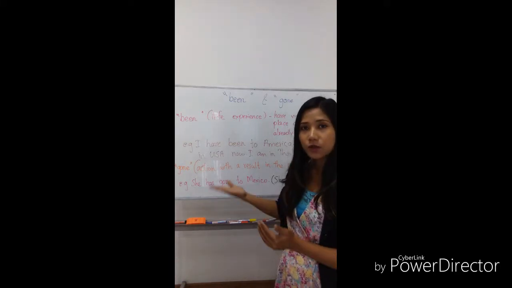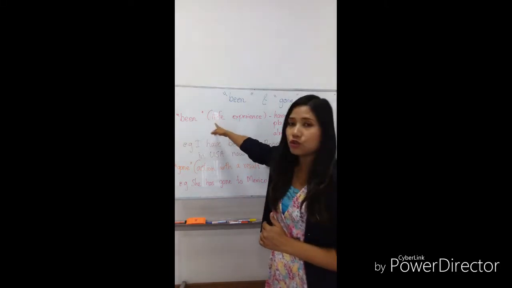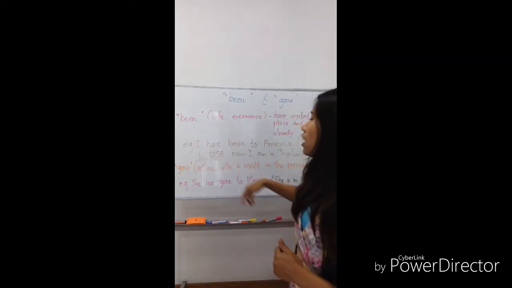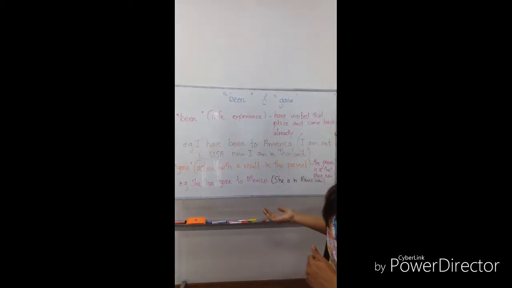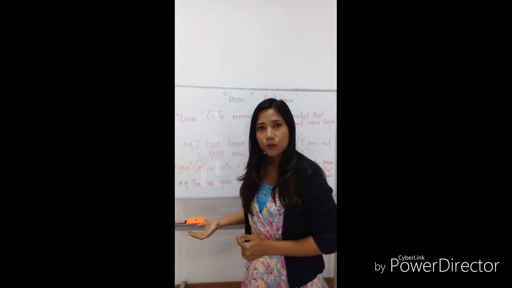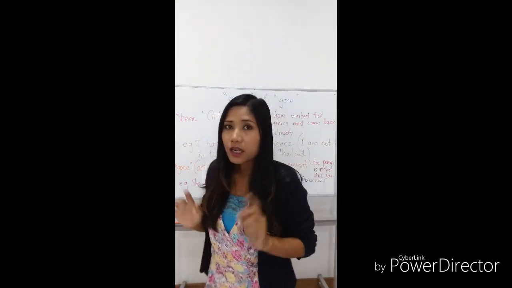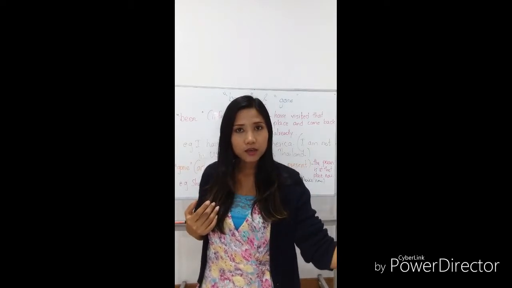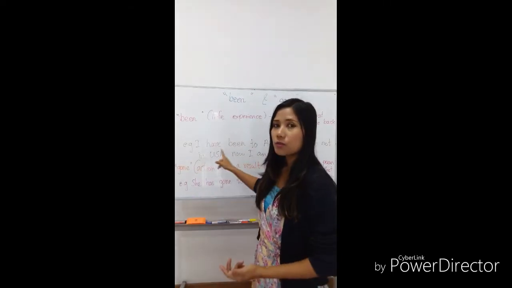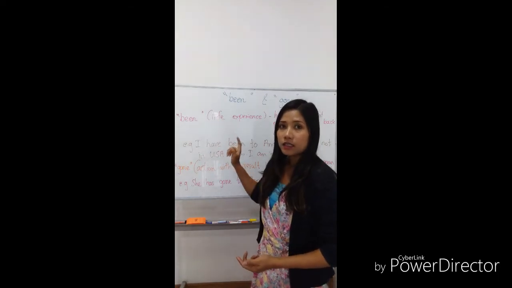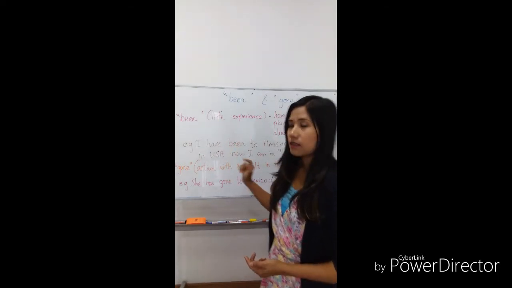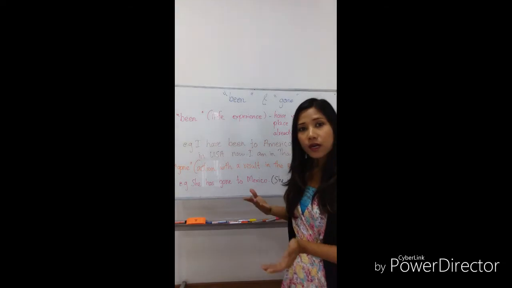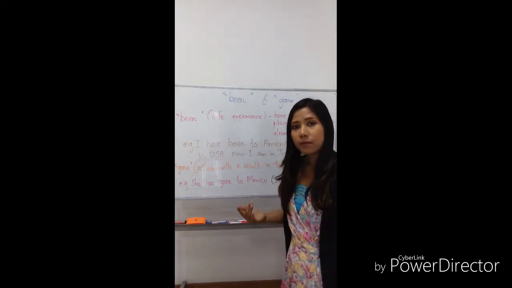For example, I have been to America. I'm not in America now. I'm in Thailand. But it's my experience that I have been to America. So when you use been, it's your life experience, and you come back already. You're not at that place.